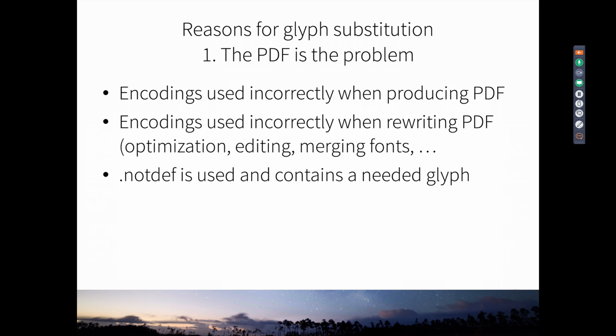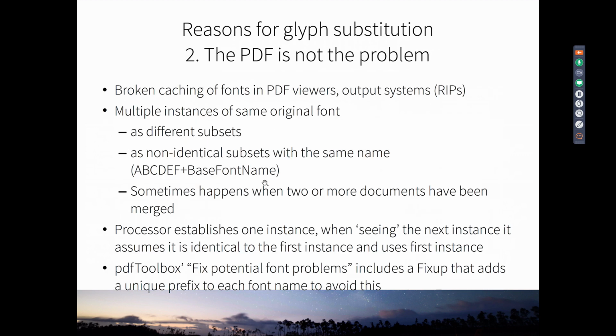One thing to understand, if you see these problems, they could have been introduced when the PDF file was created. Encodings were not properly used when either producing or rewriting the PDF, or using a notdef instead of a regular glyph. But actually the more frequent reason is that the PDF file is okay, but the PDF processor is wrong.